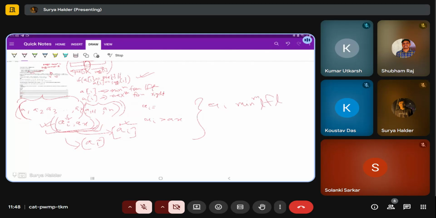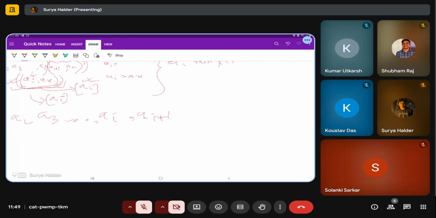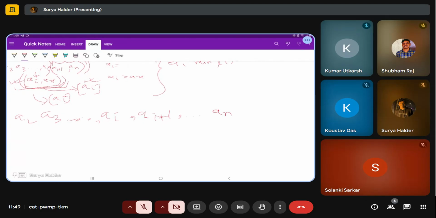Another condition can be a of I is maximum from right. So suppose a1, a2, a3 up to a of I, and from I plus 1 up to a of n.